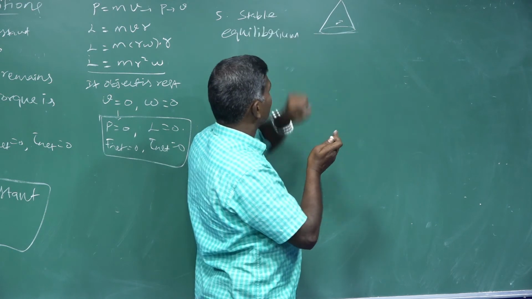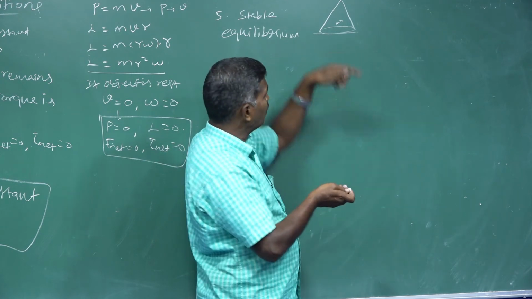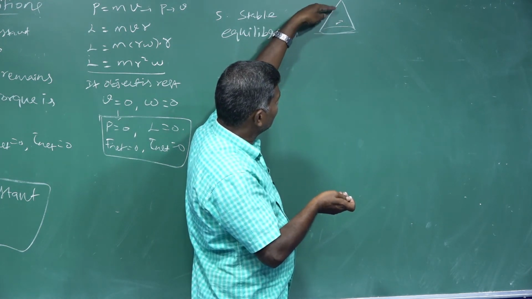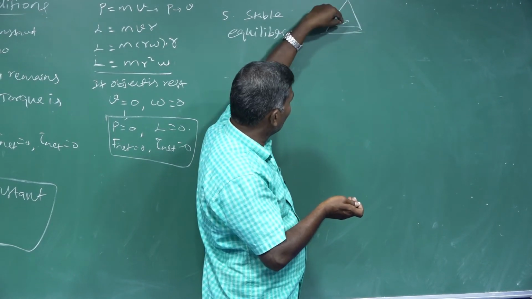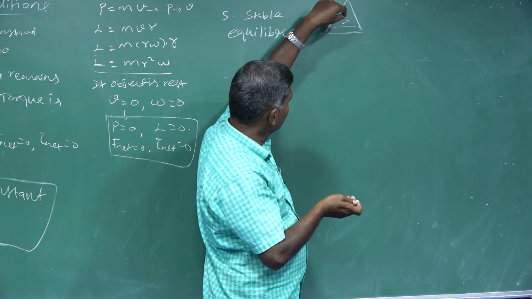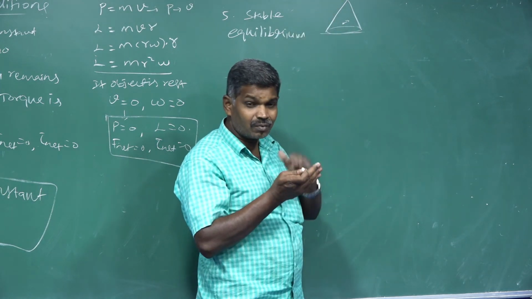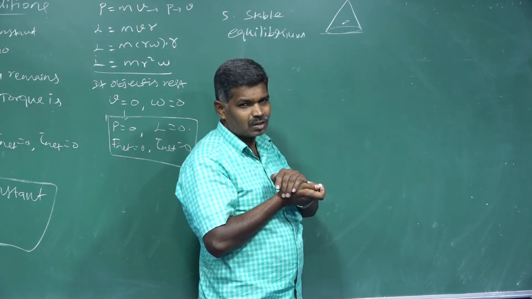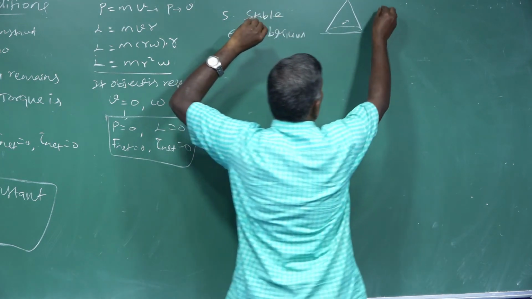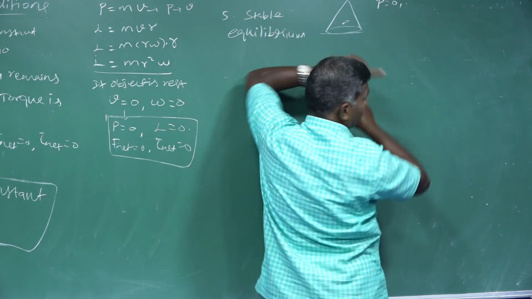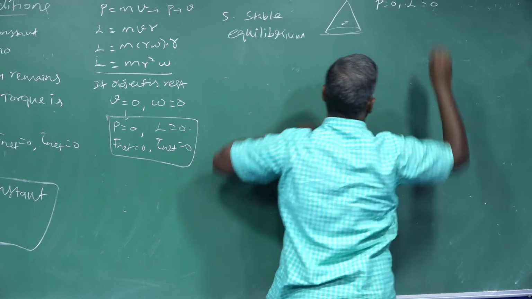So based on stable equilibrium, what we can say is the object is stable, and in our object the center of mass is at a very low point, from the middle to lower. Then we have minimum potential energy because the object is more stable. The conditions are P equal to 0, that is linear momentum 0, at rest, and angular momentum 0.